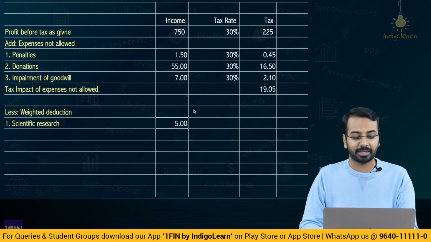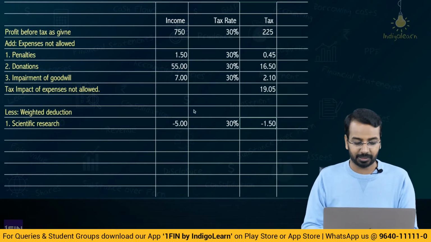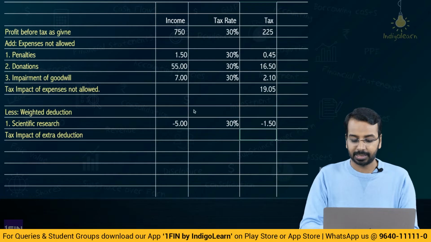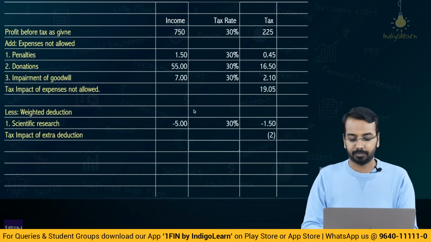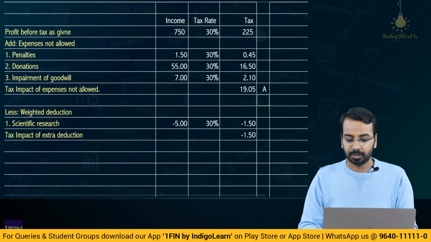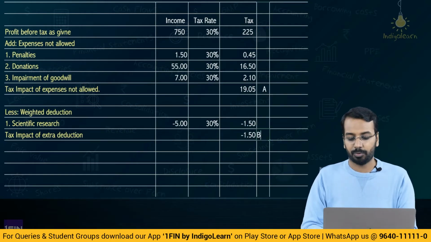This will reduce our tax. So you will reduce this. Tax impact is again 30% and the net impact here is 1.5 lakhs. Okay, so tax impact of extra deduction is 1.5 lakhs. So this is the first component. This is the second component, right?